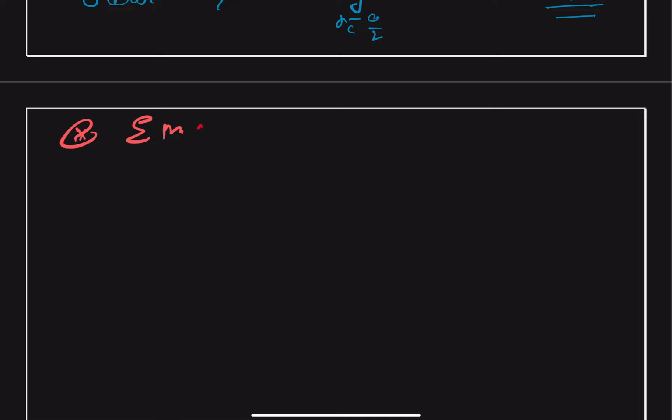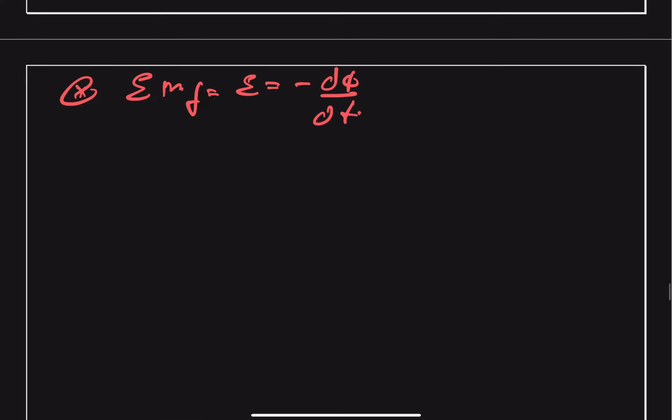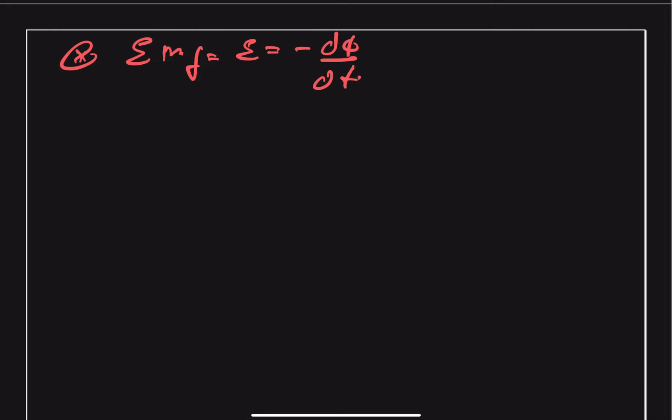So our EMF, E, is equal to minus d phi upon dt. Now it is given that the entire loop is falling in the downward direction with the velocity v. Therefore, we can write in the equation that our yc will be equal to y naught minus v times t.